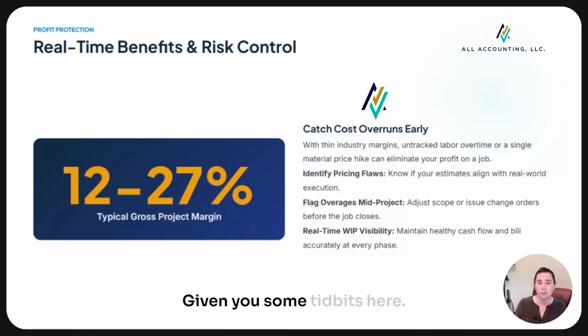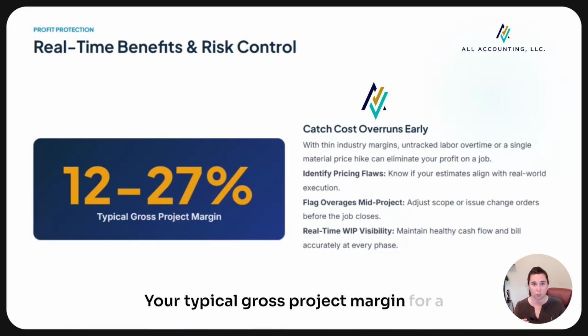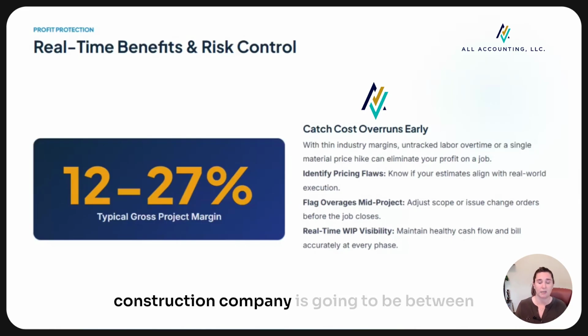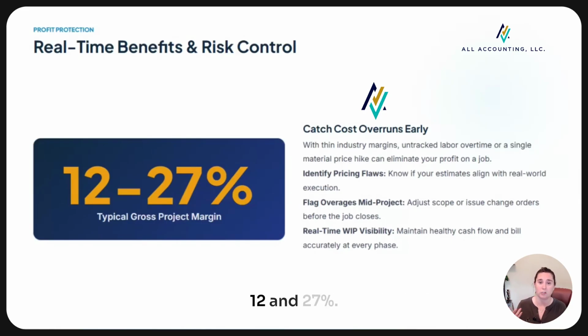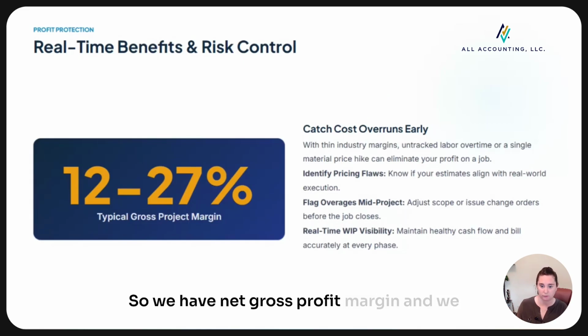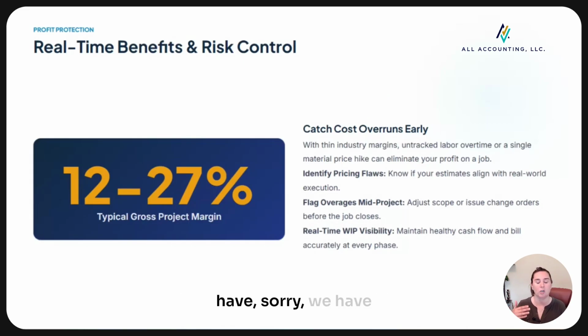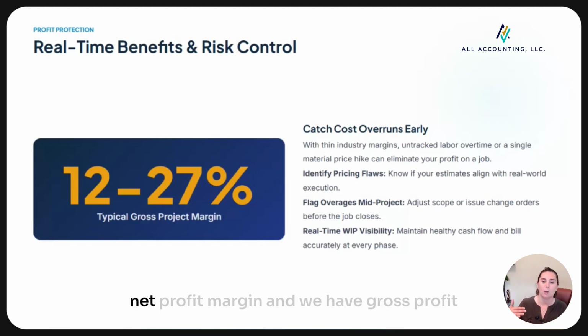Giving you some tidbits here. Your typical gross project margin for a construction company is going to be between 12 and 27%. What does that mean? We have net profit margin and gross profit margin.